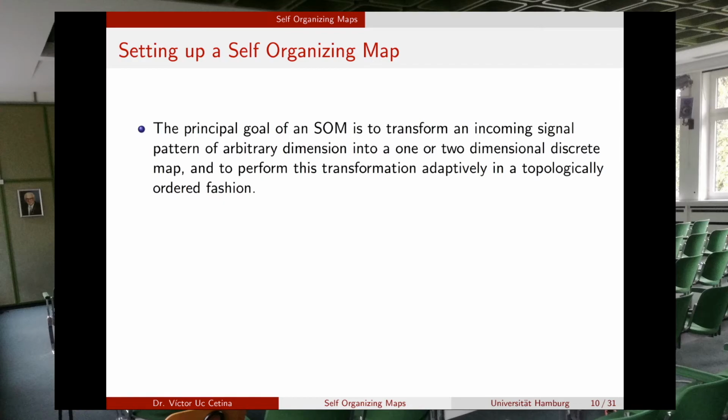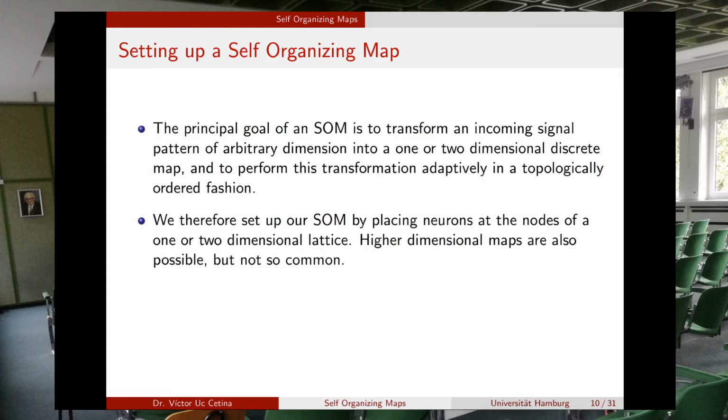So the principal goal of a self-organizing map is to transform an incoming signal pattern of arbitrary dimension into a one or two-dimensional discrete map, most commonly two-dimensional, and to perform this transformation adaptively in a topologically ordered fashion.